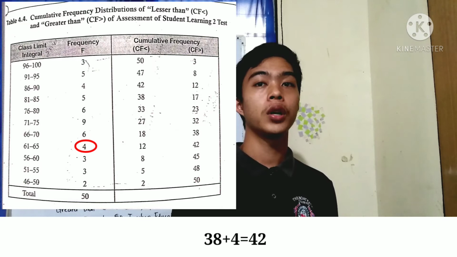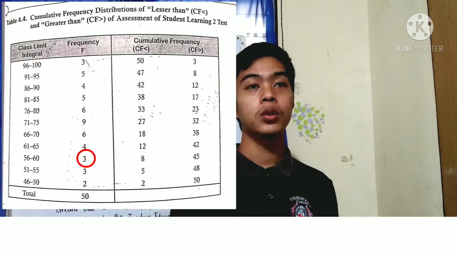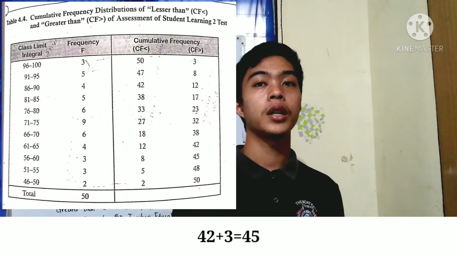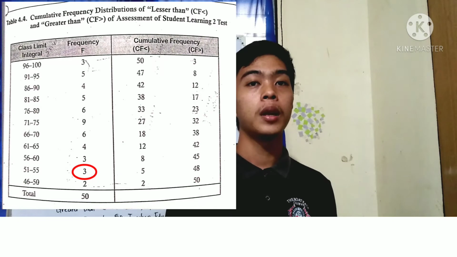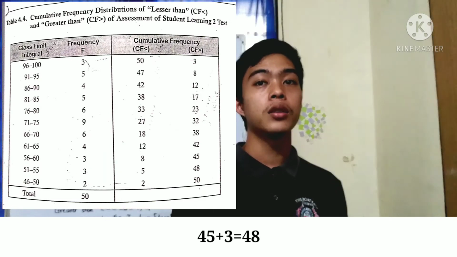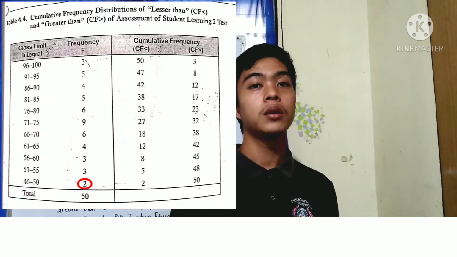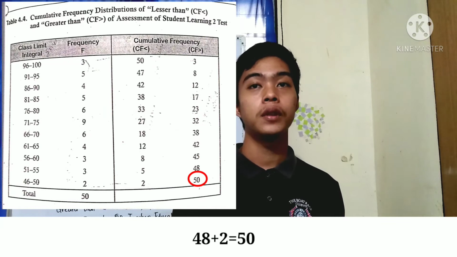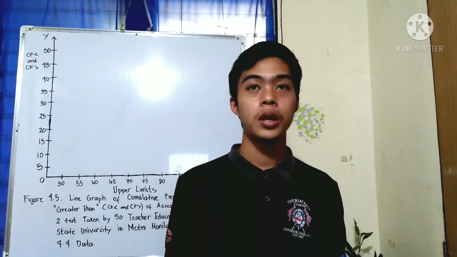So 38 plus 4 equals 42. For the frequency of 3 in the class limit 56 to 60, you will just add 3. So 42 plus 3 equals 45. For the frequency of 3 in the class limit 51 to 55, you will just add 3. So 45 plus 3 equals 48. For the frequency of 2 in the class limit 46 to 50, you will just add 2. So 48 plus 2 equals 50. So that is how we get our cumulative frequency greater than.